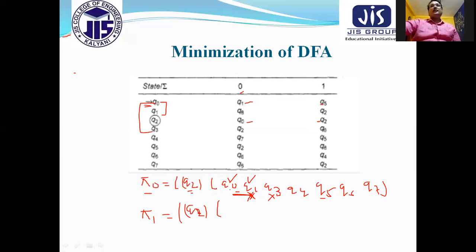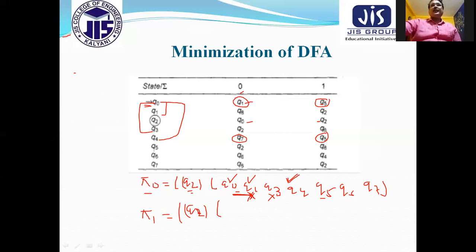Now check Q0 with Q4. Here I am getting Q1, here I am getting Q7. Q1 and Q7 both belong to the same set, no problem. Here I am getting Q5, here again Q5. Q5 is a single element and belongs to the same set, so it has no problem. So I can say Q0, Q4 are equivalent.